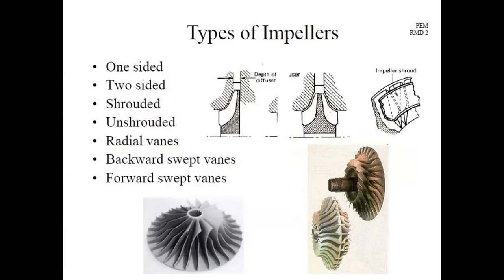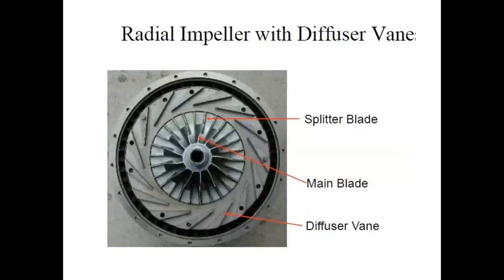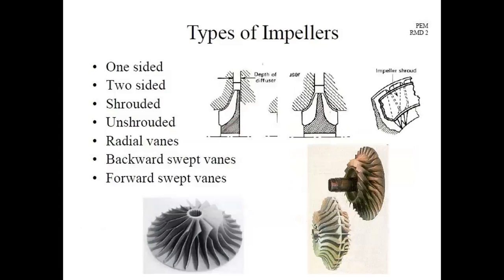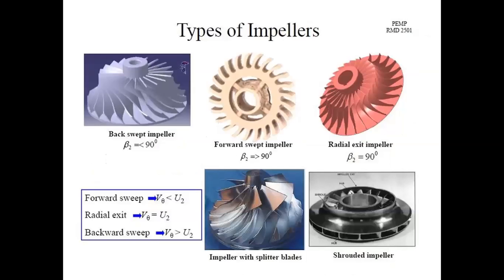Types of impellers. See here. One-sided, two-sided, shrouded, unshrouded, radial, backward swept vane, forward swept vane. We can see the types of impeller in diagrammatic or picture form.